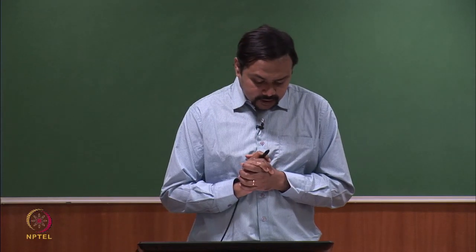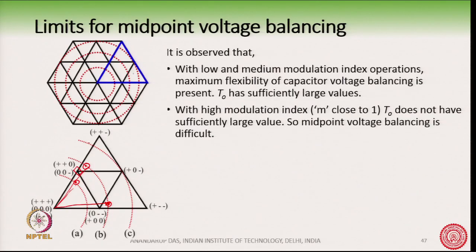However, there is one problem here. If the reference vector is very large, what happens then? Suppose the reference vector is here or here, then you see that the weightage of the medium vector is maximum, because these reference vectors are very close to the medium vector, the middle vector.